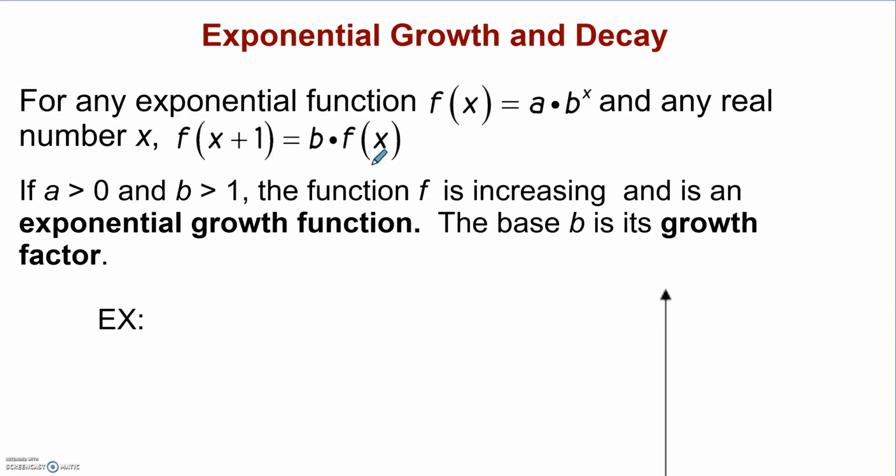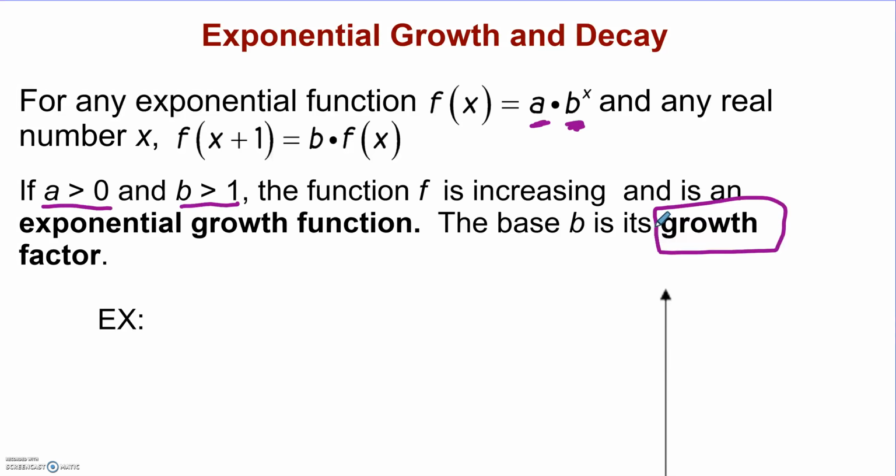Now, as long as we have a greater than 0, we want a to be positive here, and b greater than 1, that function is increasing and is an exponential growth function, and the base b is its growth factor.